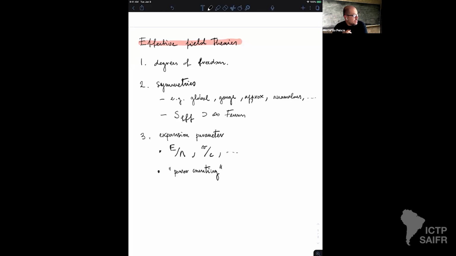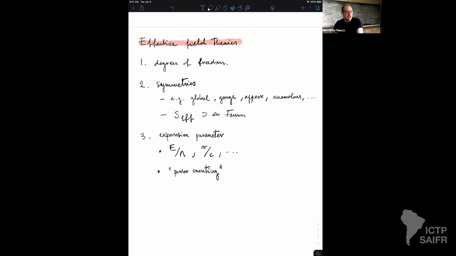So effective field theories provide you a recipe to actually deal with these large logarithms by splitting the scales and treating them one at a time. So that's, if you want, a more computational advantage of effective field theories.